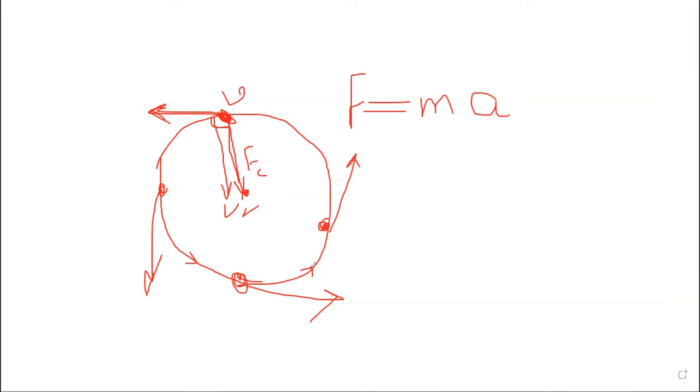After that, we ask about the direction of velocity of this moving object. At this point, for example, the first example, the direction of the centripetal force and the centripetal acceleration are represented by these two arrows directed to the center of this circle.